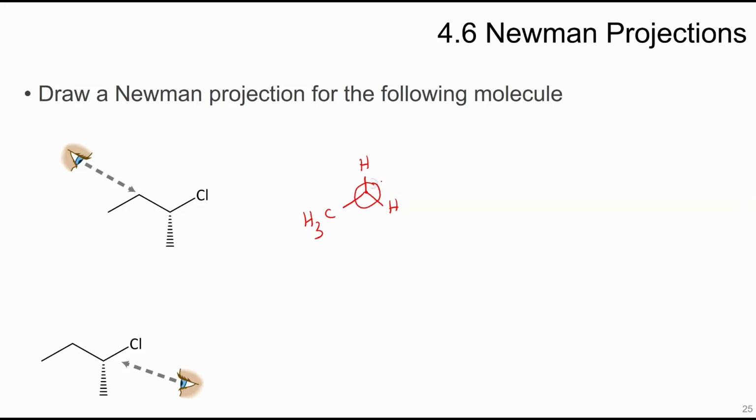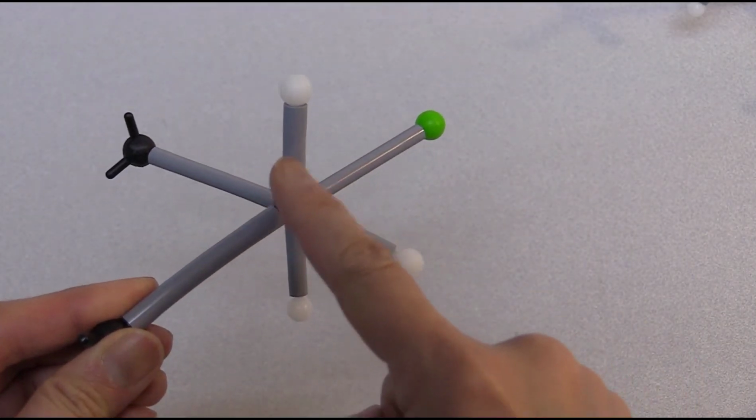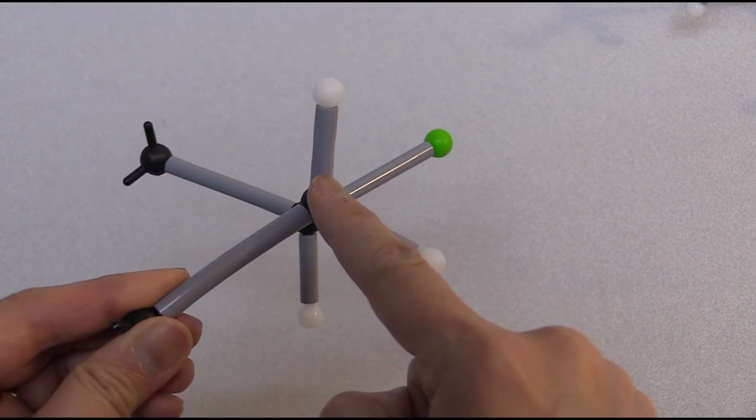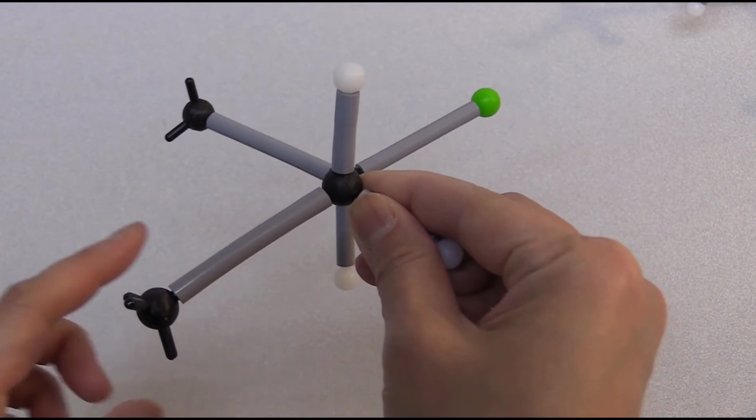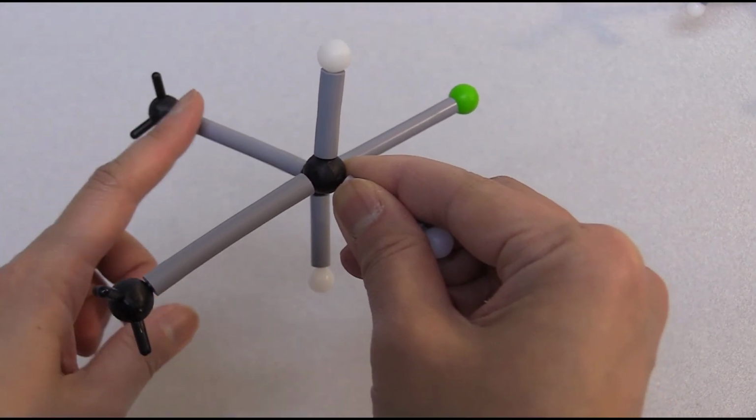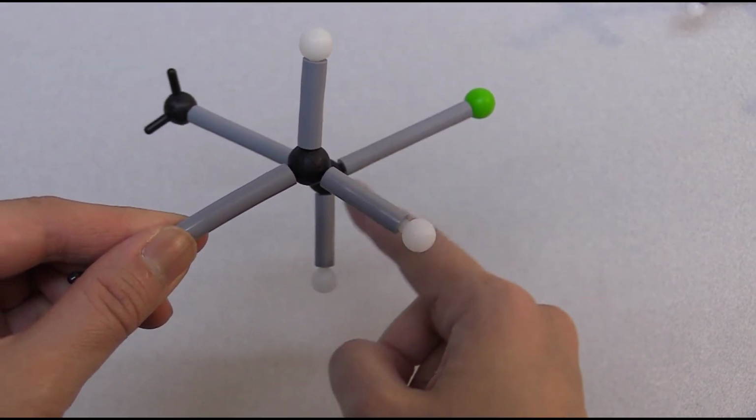And then the back carbon is the circle. This is the chlorine. There's a CH3 and the H here. We have the H sticking up, this hydrogen here sticking to the side, carbon to the side, and a carbon up and to the left, and then the chlorine's up and to the right, and the hydrogen back here is sticking straight down.